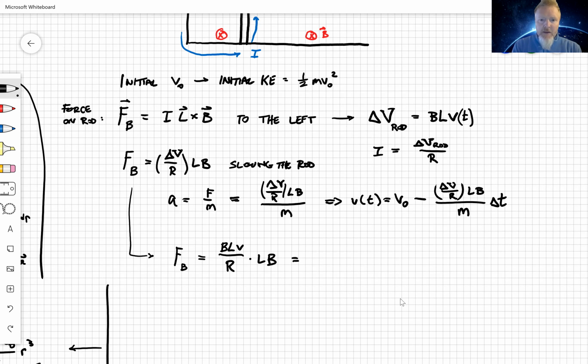So it looks like BL over R times V. Okay, so that's the force that this thing is exerting. How much work does this force do?